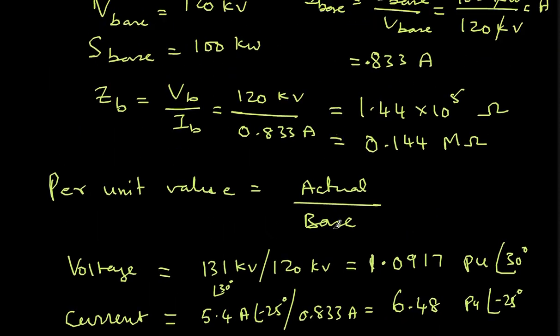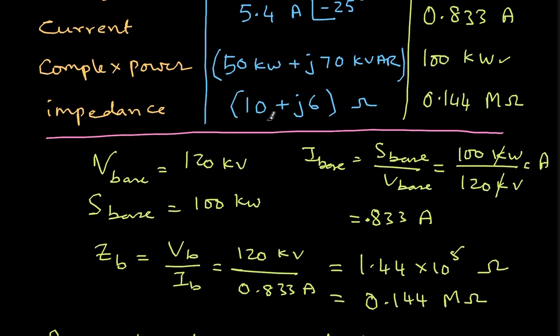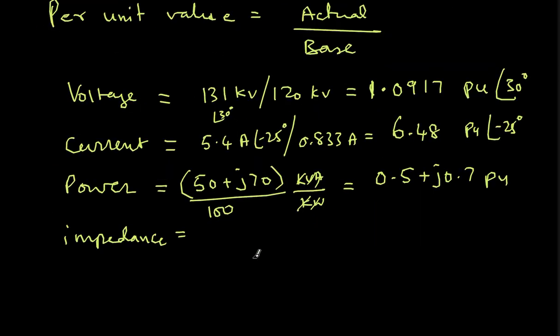Finally, last I'd like to do the impedance. I am assuming 10 plus j6. So 10 plus j6 divided by 0.144 into 10 power 6 ohms. This is also ohms, so it gets cancelled.